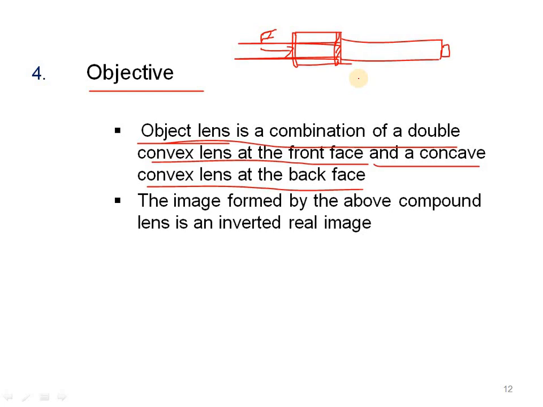I think everyone knows. The image formed by the above compound lens is an inverted real image. So the image which is there at the starting, or the object of the instrument which we see from the telescope, is nothing but an inverted real image. We will call it an inverted real image.